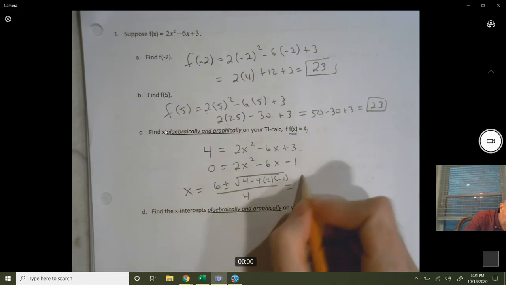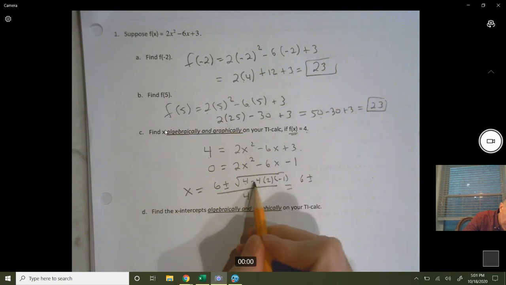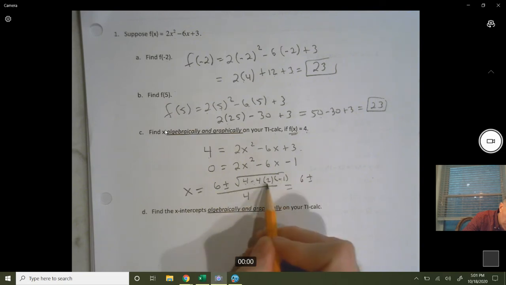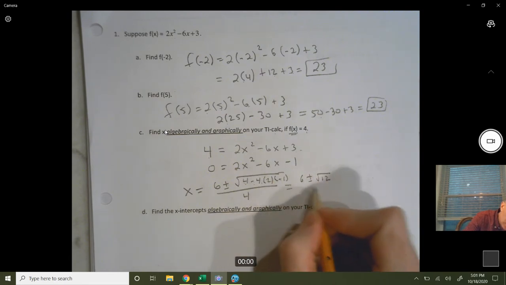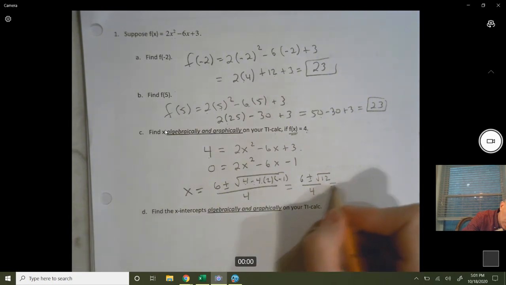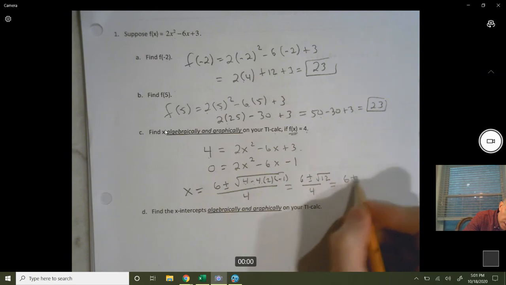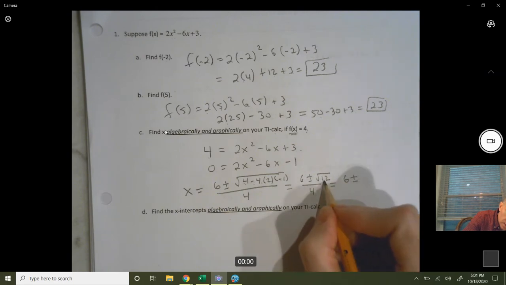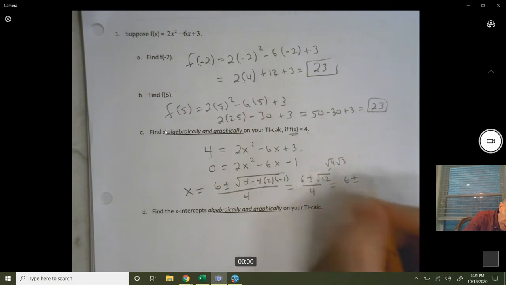Okay, so we get 6 plus or minus, that's going to be 4. 2 negatives makes a positive, so 4 plus 8, so rad 12 over 4 equals, and that's 6 plus or minus, that breaks down into rad 4 times rad 3, so the 2 rad 3 over 4.